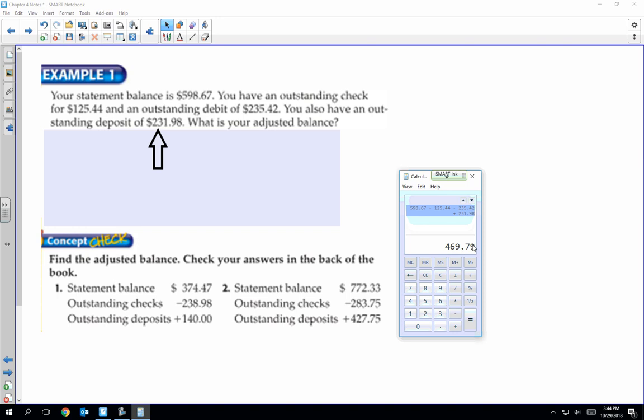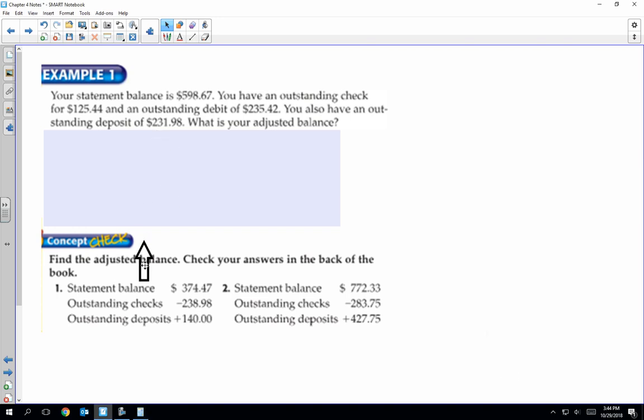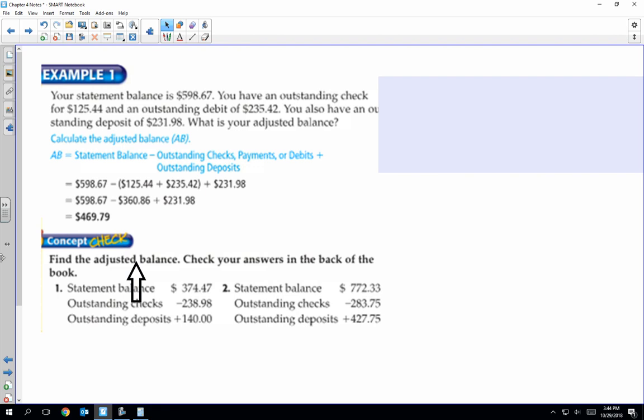And we get $469.75. How do we want to write that down? Here is what I want you to write down. I will highlight it for you. I do want you to write down this part here and the 469.75.